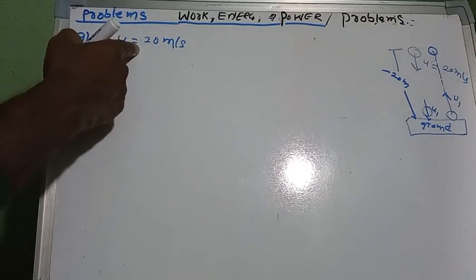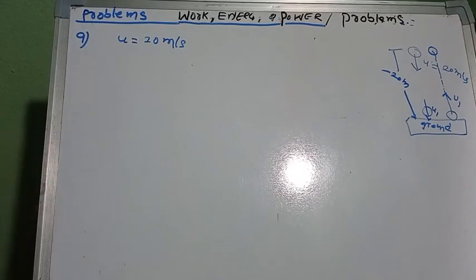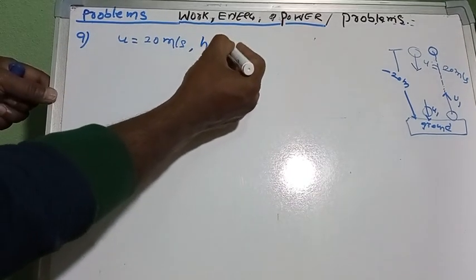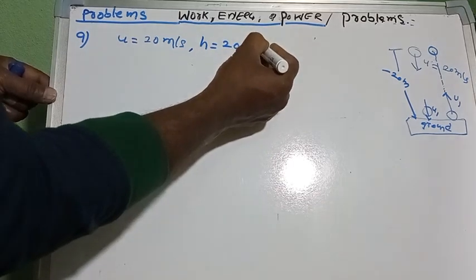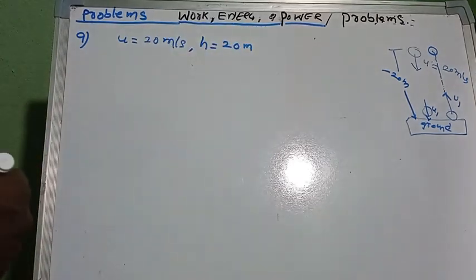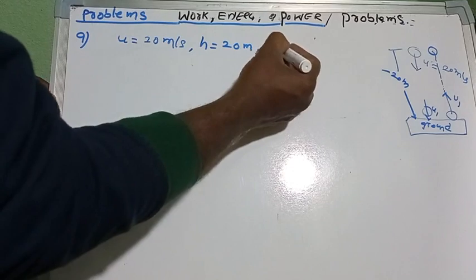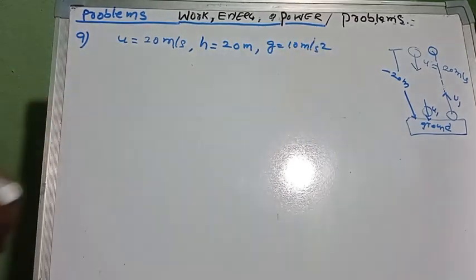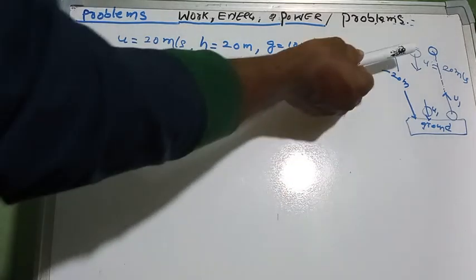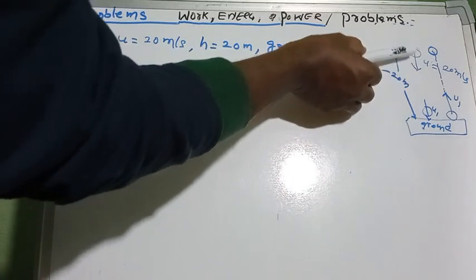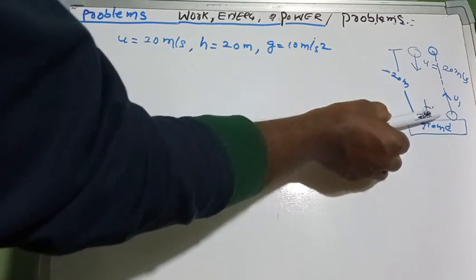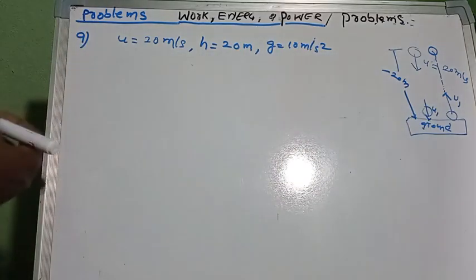With this velocity it is moving downward, and h is also given, that is h is equal to 20 meters, and g value is also given, that is 10 meter per second square. Then it is moving from the 20 meters of height from the ground and striking with velocity u1. Now we have to find out u1.